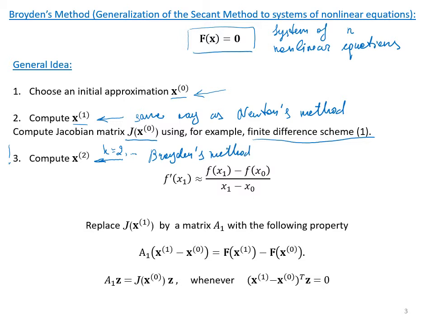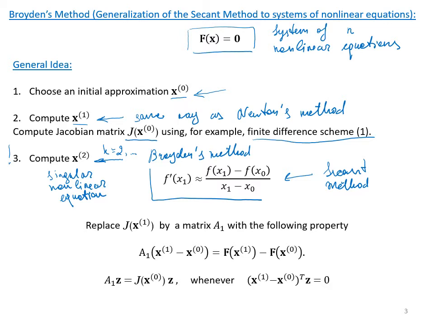Actually, Broyden's method is simply a generalization of the secant method. If you remember, when we discussed the secant method for a single nonlinear equation, we replaced our derivative with this quotient, and it simplified our calculations.